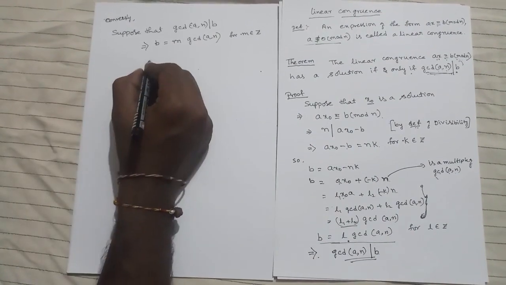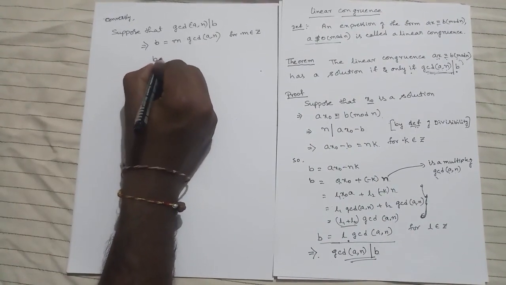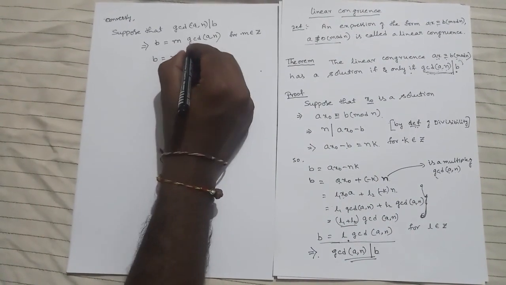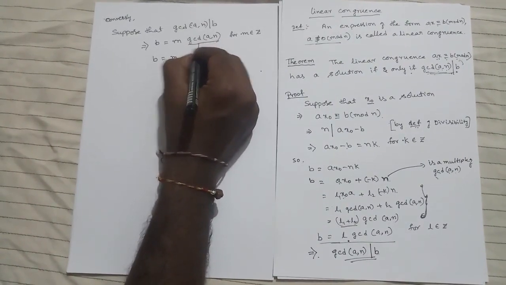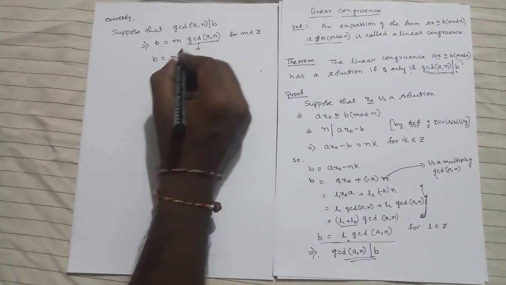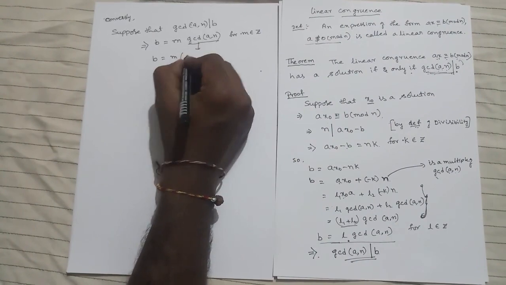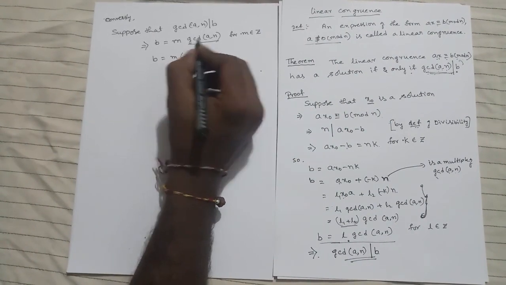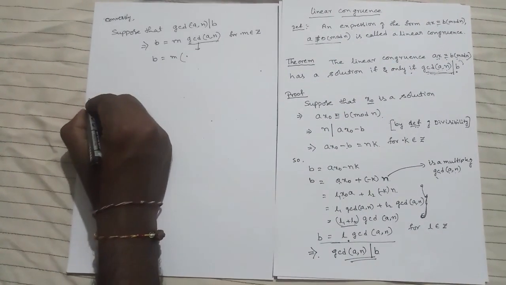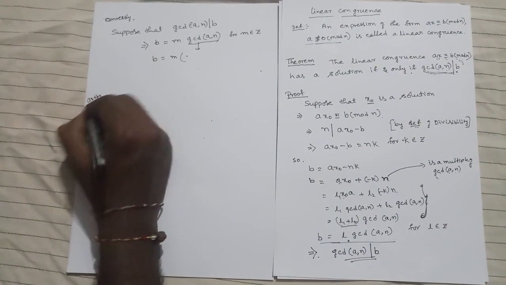So here b equals m into the linear combination for the GCD. Linear combination means the ax plus by form.